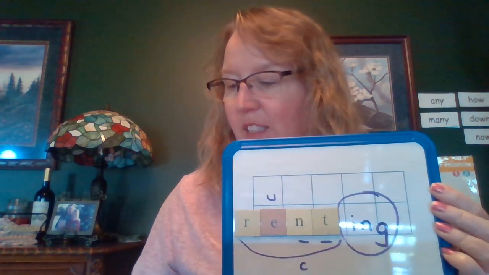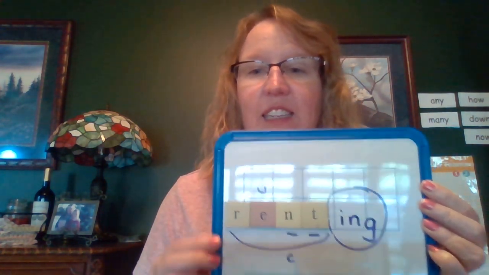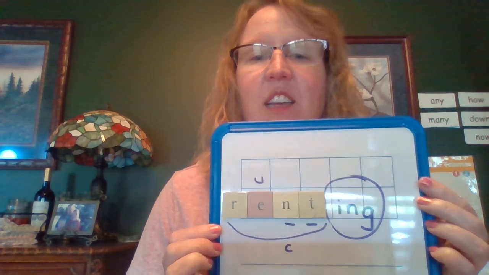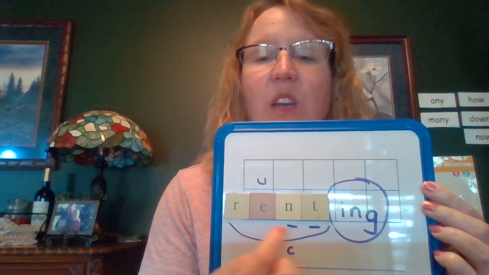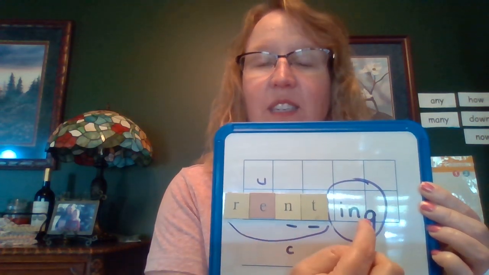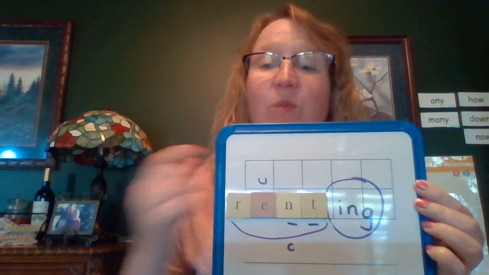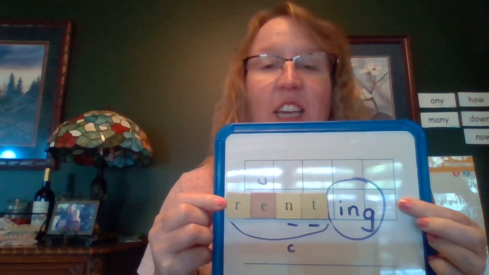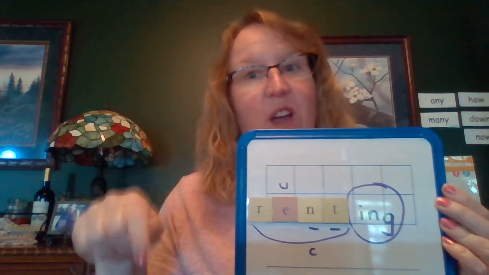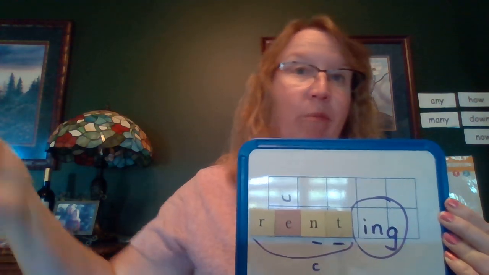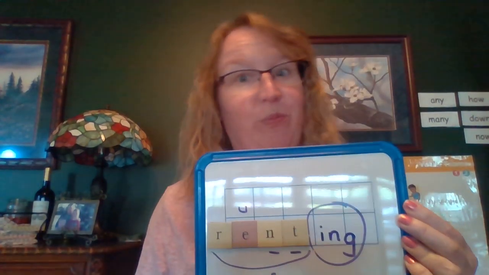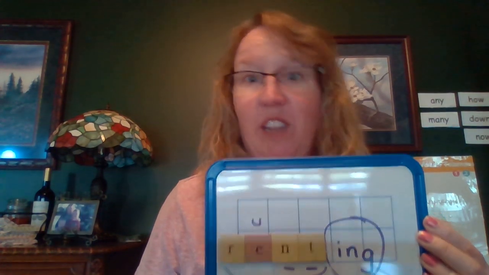Now, if I change the suffix to another suffix, and this is the suffix ing, okay? So again, we would say rent, renting. And when we have that suffix ing, that means it's happening right now. So today I am renting a backhoe for the water leak in the yard.